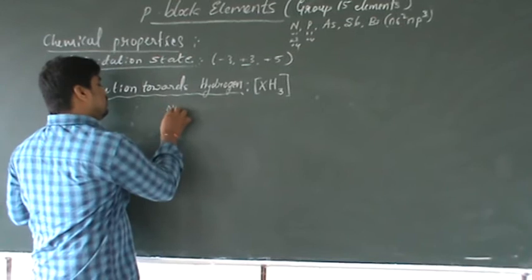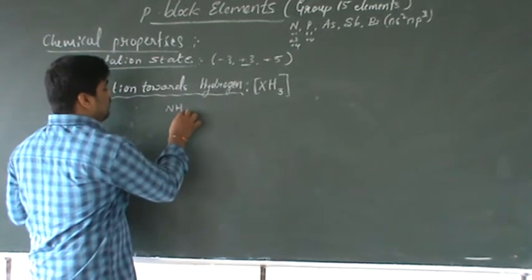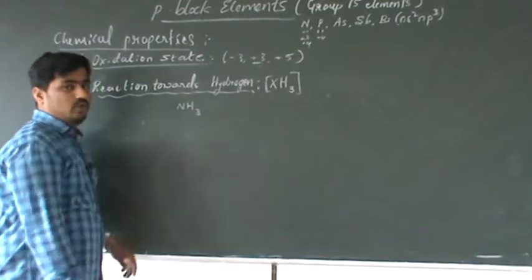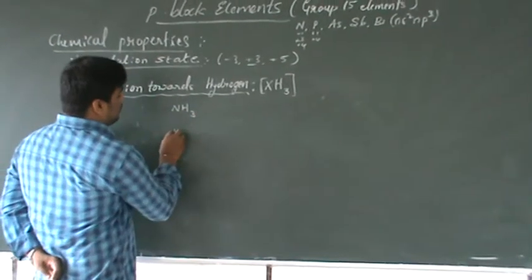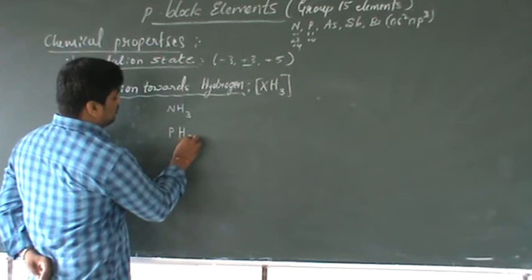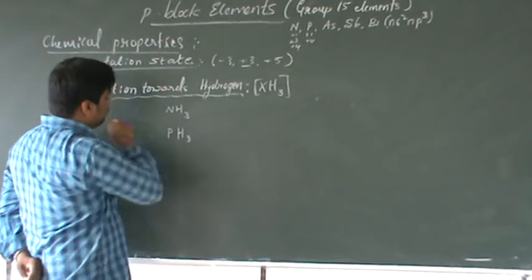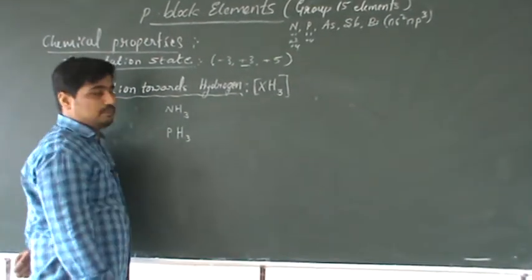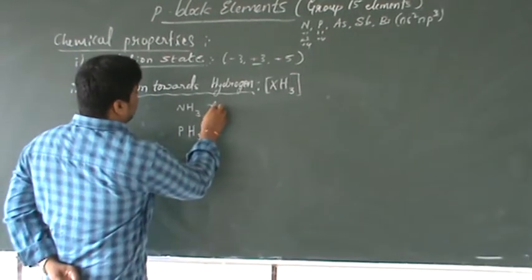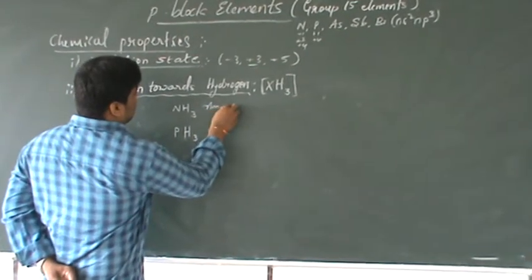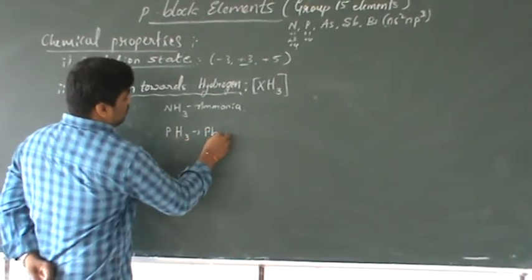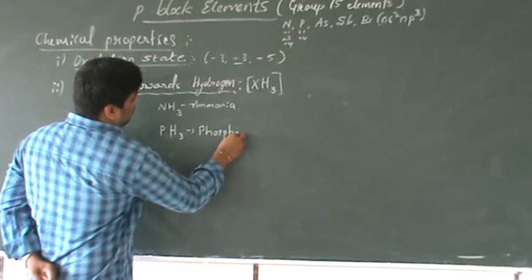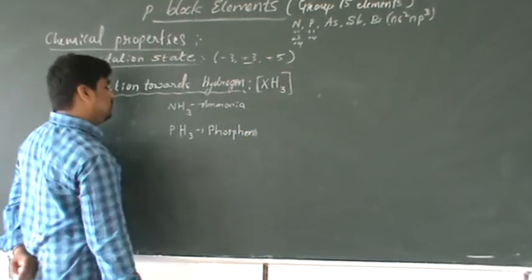When nitrogen reacts with hydrogen, it forms ammonia, NH3. When phosphorus reacts with hydrogen, it forms phosphine. Please remember the names of the compounds.